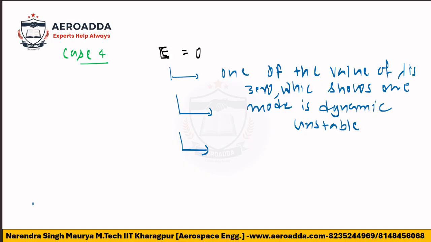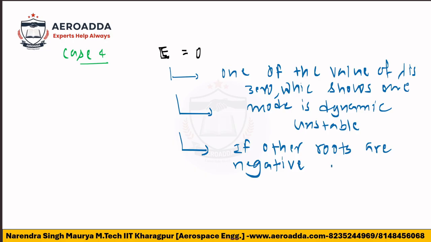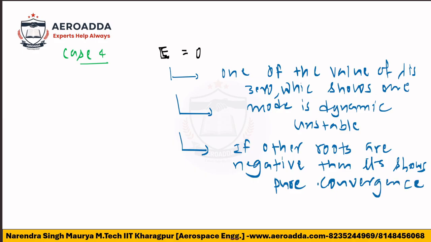Second point, if the other roots are negative, then it shows pure convergence. Pure convergence.